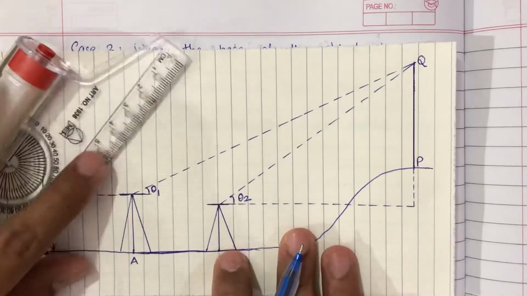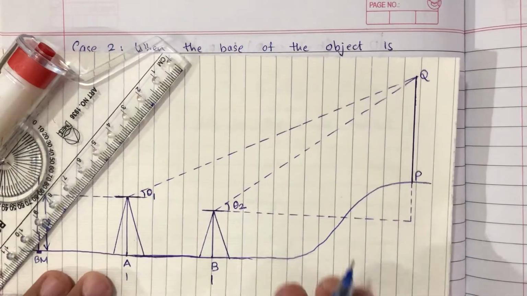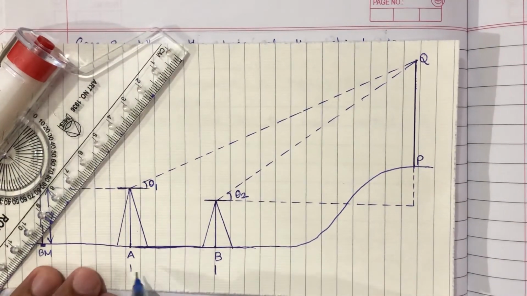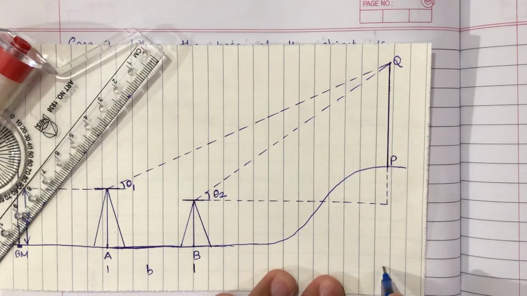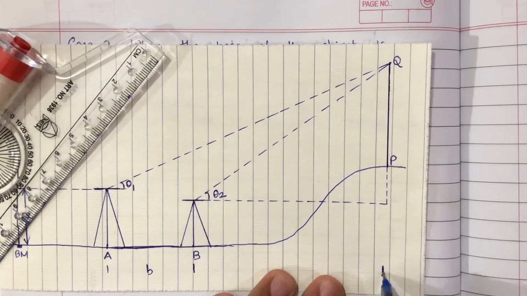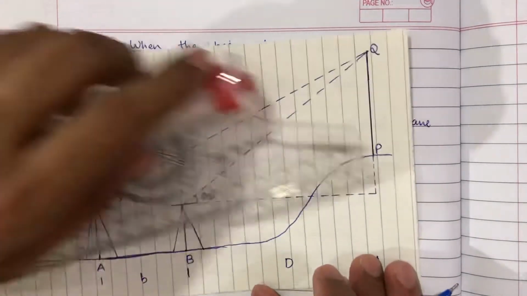Now the horizontal distance between the theodolites placed at A and B, let it be small b, and the distance between the near theodolite and the tower, let it be capital D.